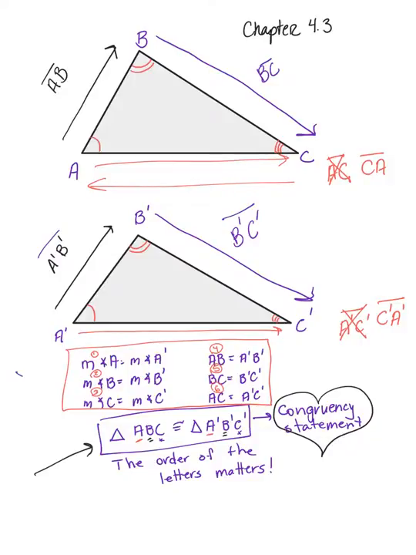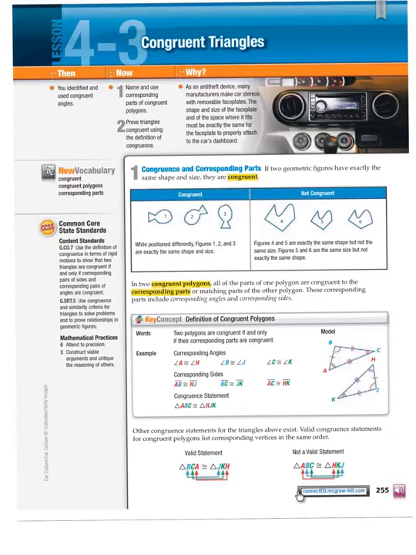We have to have in the body of the proof that the 6 pieces in one triangle are congruent to their corresponding pieces in the second triangle. So let's keep that in mind, and when we get to the proofs, we'll see that play out a little bit stronger.